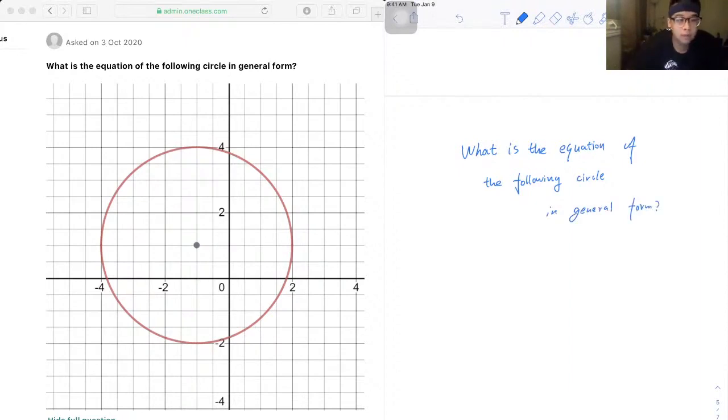All right. So first, let's recall what a general form is in order to find out what factors we need.